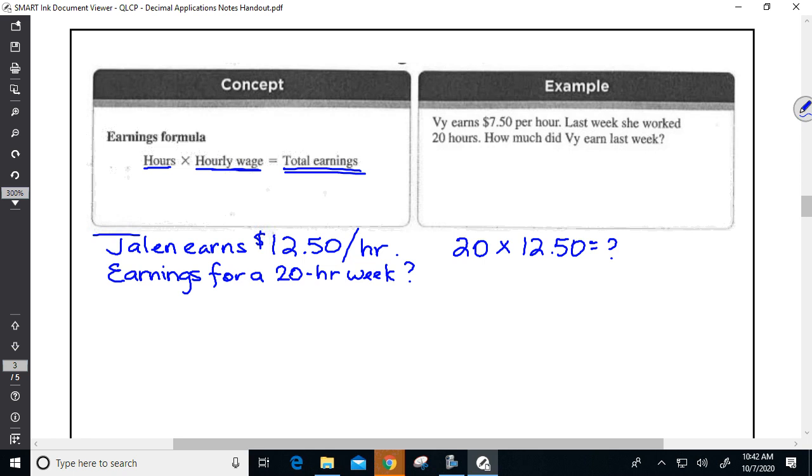Just like for the problem that's up above it, you would have taken 750 and multiplied it times 20, but I did it this way to make it something that's applicable to you. So, let's work it out.